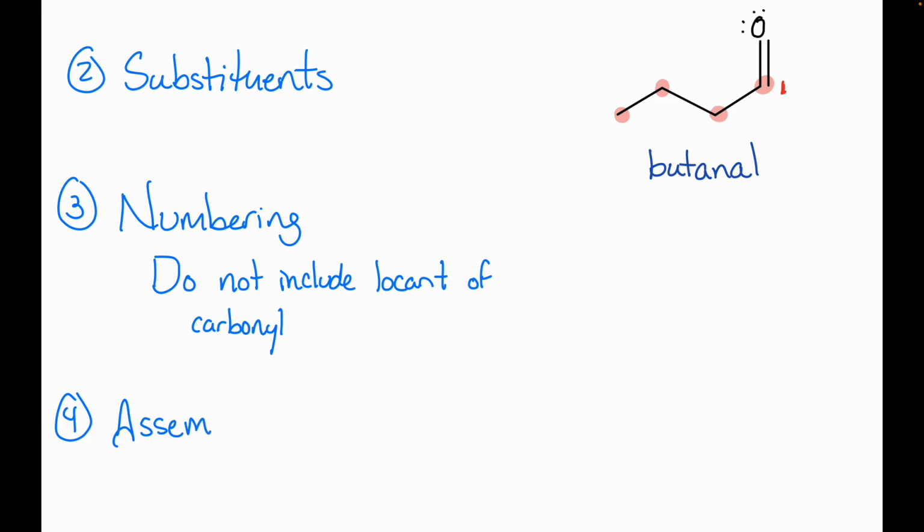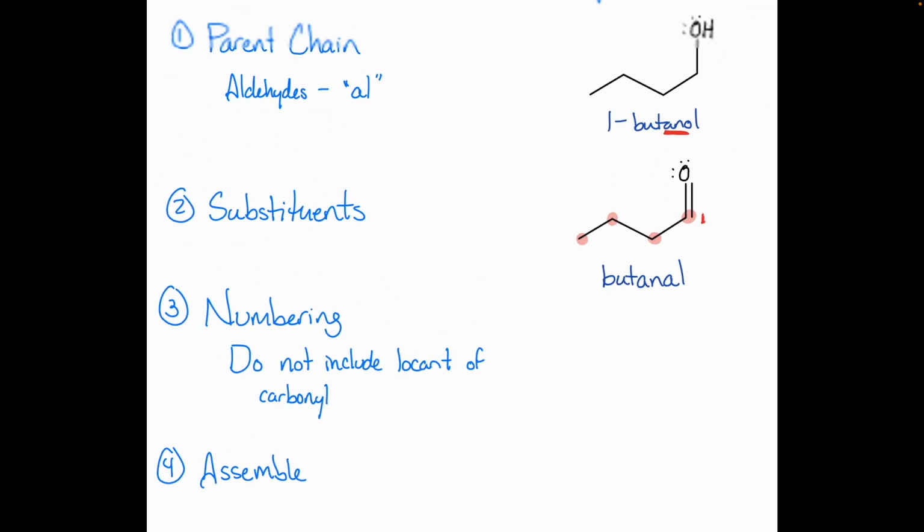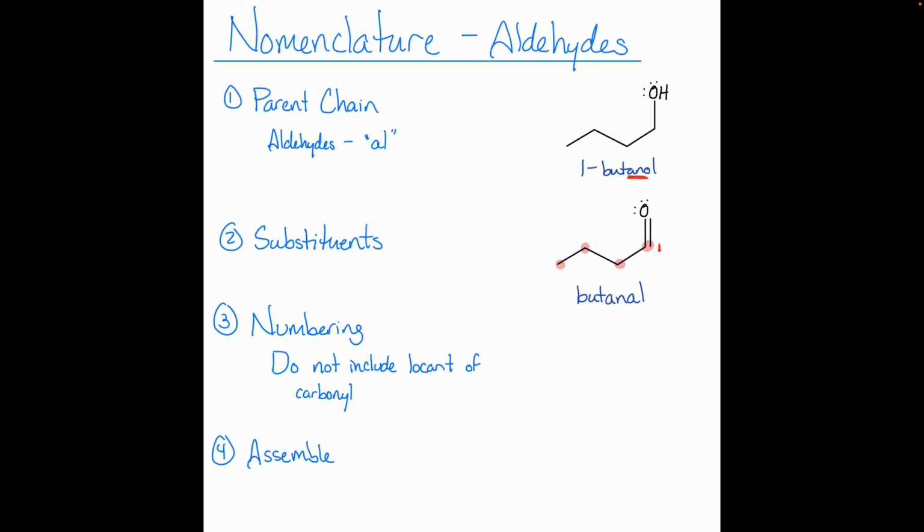And then we would assemble our name all together, just like we normally did, whereas if we had our substituents, we would put them in alphabetical order. Cool. All right, so we'll practice this here in a second.